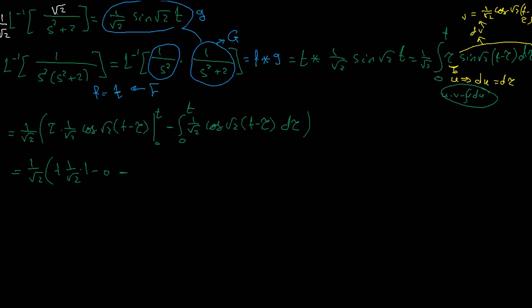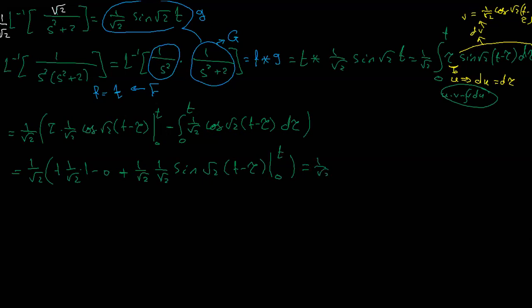Minus this integral, which is very easy for me. First of all, I have 1 over root 2 as a constant. Integral of cosine is sine, but here you have minus, so you have plus. And you need to divide by the coefficient, so 1 over root 2 sine root 2 (t minus tau), from 0 to t.